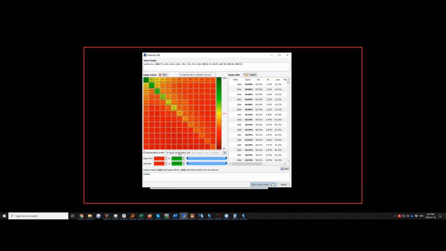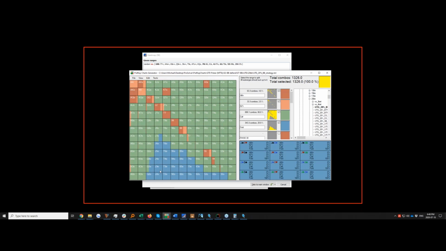So again, if we choose to only defend hands that have, let's say, 22% equity, now this looks a lot more like the GTO solution, that all of these hands will be folds. Going back to the GTO solution, yeah, all of these hands will be folds.